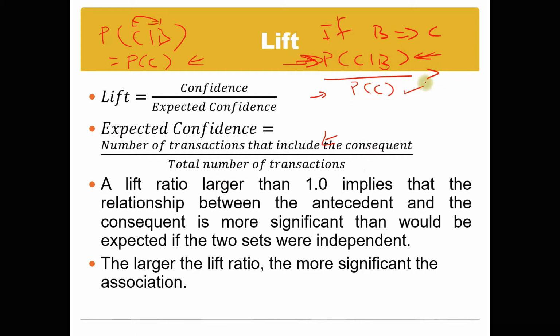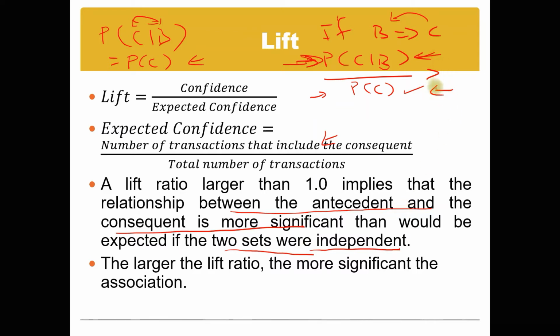It means that the lift ratio, as we call it, if it is greater than 1, means that the relationship between the antecedent and the consequent is more significant than would be expected if the two sets, B and C, were to be independent, like here.